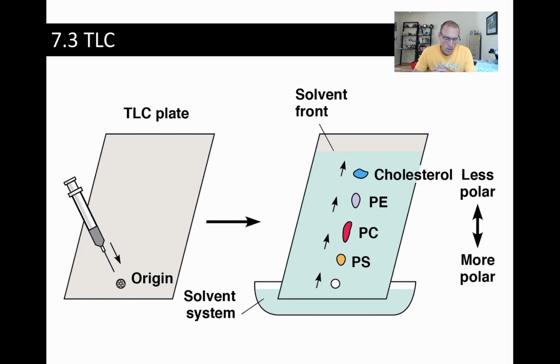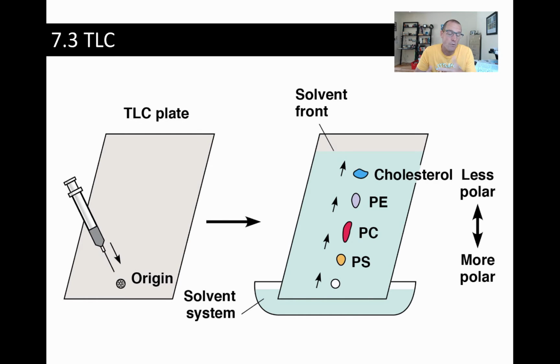So we can isolate the lipids from the membranes that we purify from the cells, and then we can separate them, and we can study the different groups of lipids using a technique called thin layer chromatography. And this involves this thin layer plate. So this is a thin plate often made of ceramic and coated with a material, and then we can use solvents such as acetone and chloroform.